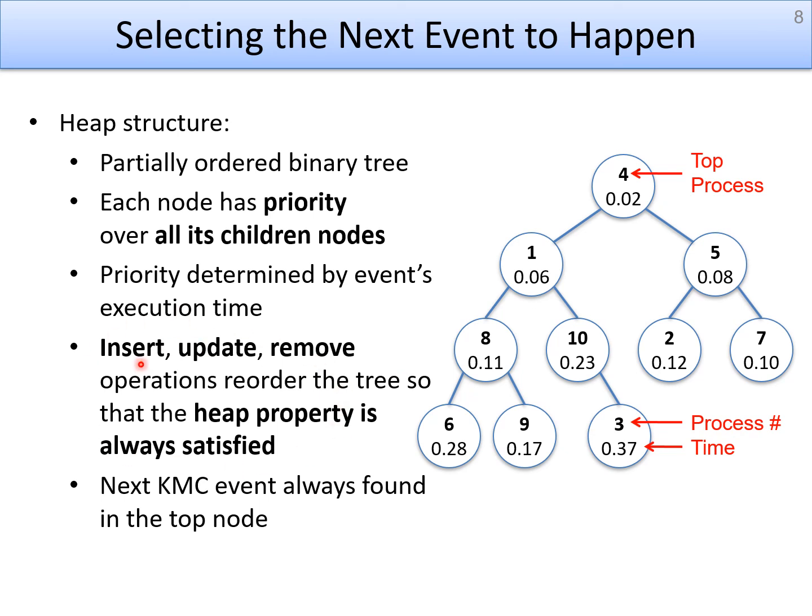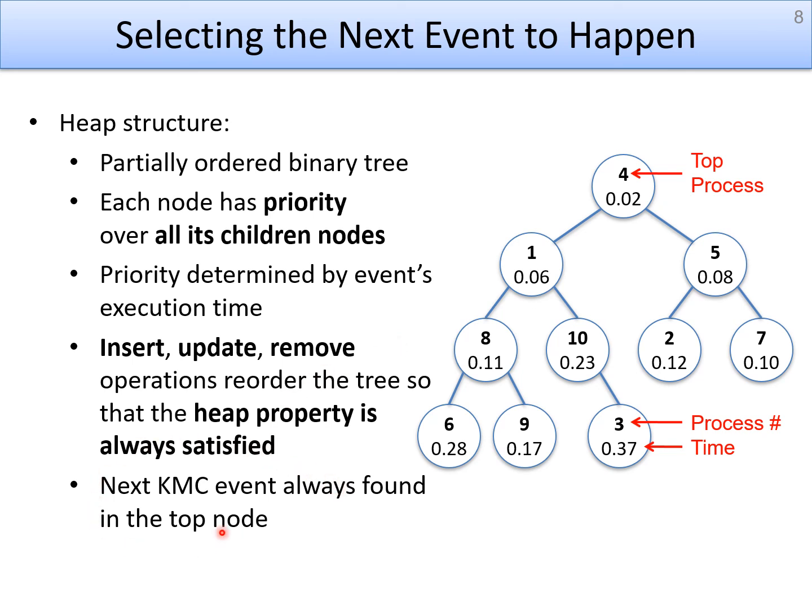So this log n is much, much faster than the order n operation that we would have if we were to try to find the minimum in an unsorted vector. And that's why this heap structure is more efficient in general. And of course, for large kinetic Monte Carlo calculations with hundreds or thousands of processes, it is much preferred to use the heap structure as opposed to the linear vector, the unsorted vector.